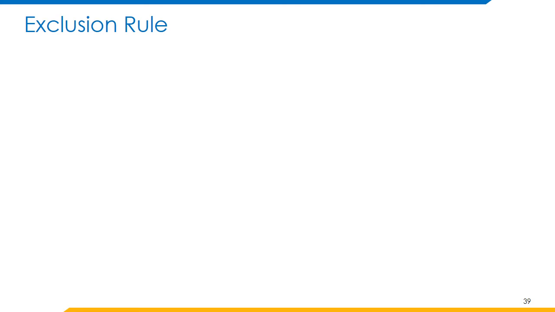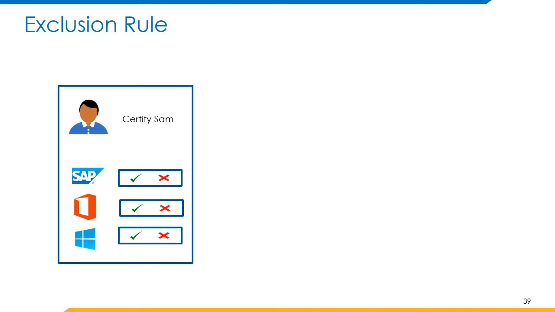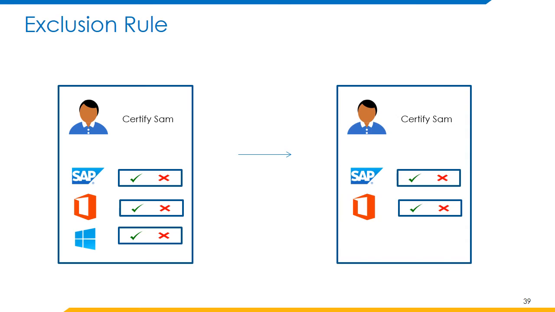Exclusion rule. Exclusion is the scenario wherein we choose not to certify certain certification items. For example, an account group certification is already completed and a few certification items are already certified as part of account group certification.